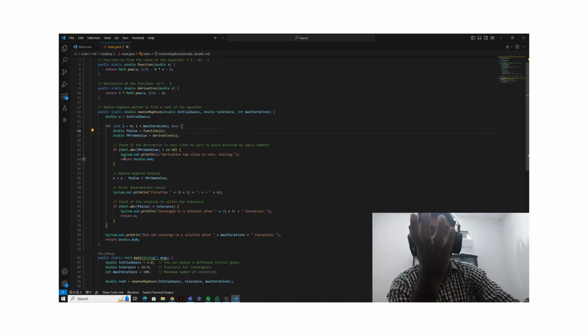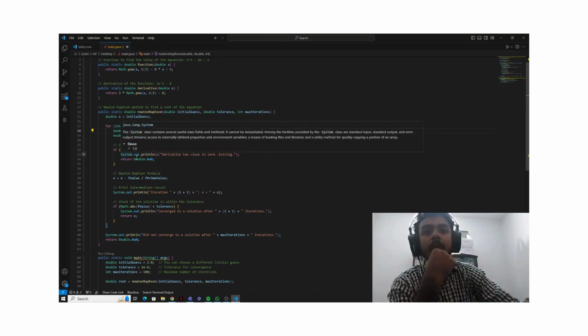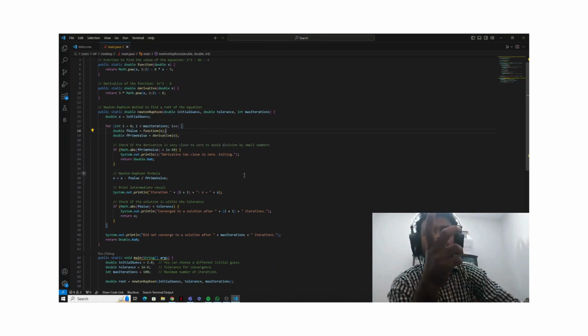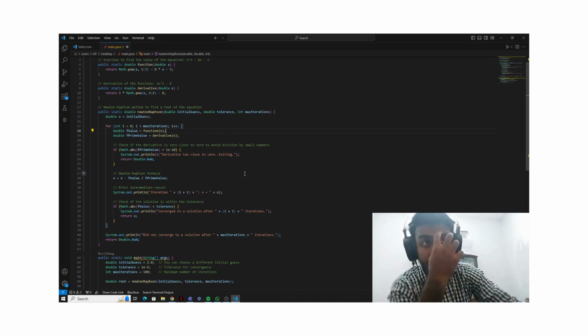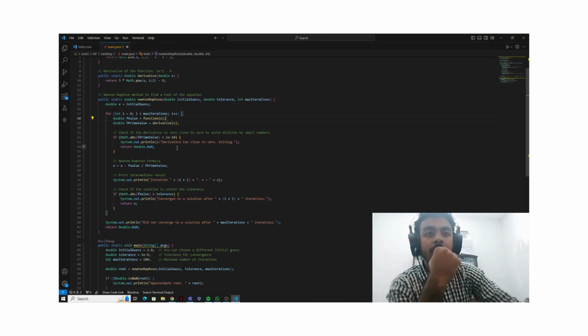Then we move on to the if condition we have applied in our loop, to check if the derivative is very close to 0, to avoid division by small numbers. We use Math.abs of f prime value against 1e minus 10. If the derivative is close to 0, it will print exiting.